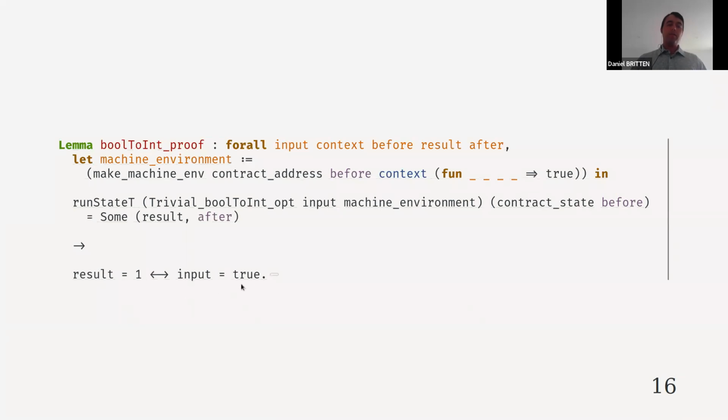So we wouldn't say this part of the lemma. We would just say run state t of, and then input, if we put false there, it should equal none. And that's what we could do. We could say, okay, we're proving that if we get an input of false, we will revert. So that is possible. And obviously this example is meant to be a toy example, but this would scale to more complex situations. Yeah. Thank you.